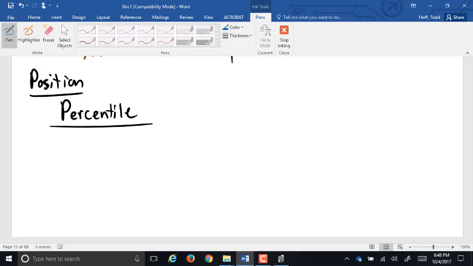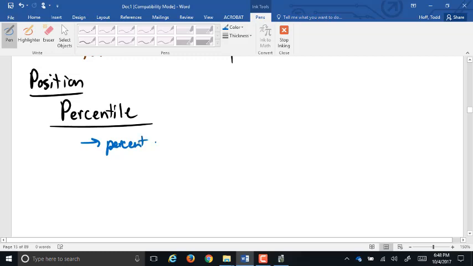So what a percentile means is the percent of items in the population with a smaller value.